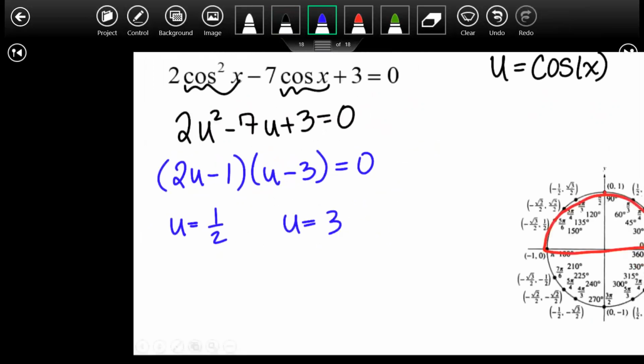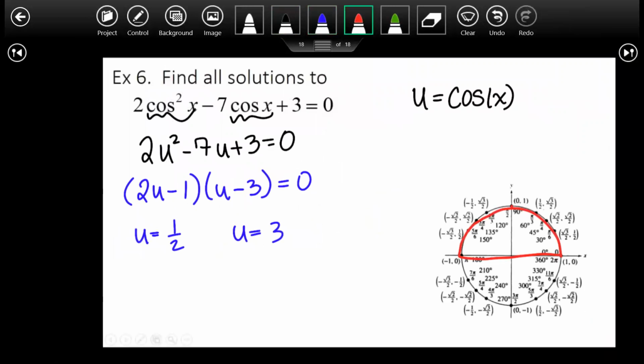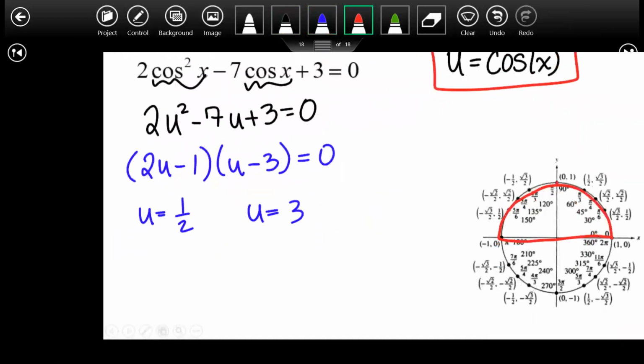Okay. Now, what we want to be able to reference this back with is we still have this little substitution. So we got to always plug it back in if you want to do it this way. So u becomes cosine. So when is cosine of x equal to 1/2? And when is cosine equal to 3? There's a question that Mr. Romero had earlier that's going to deal with the question you had earlier.